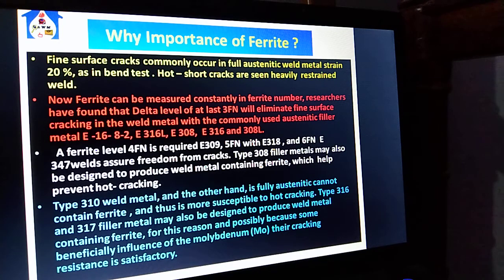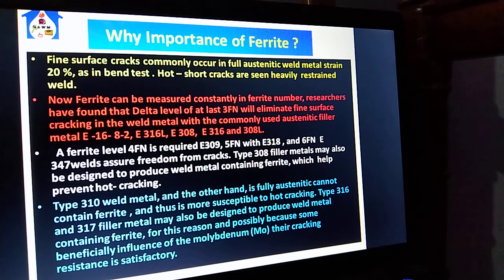Type 308 filler metal may also be designed to produce weld metal containing ferrite, which helps prevent hot cracking. Type 310 weld metal, on the other hand, is fully austenitic, contains no ferrite, and thus is more susceptible to hot cracking.